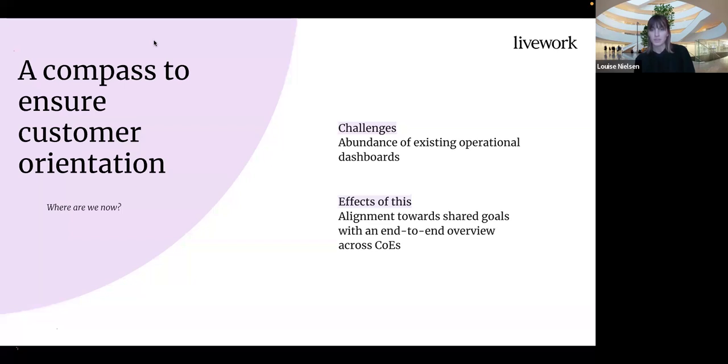I'd like to start out by saying a bit about where we are now. As Christina briefly mentioned, we are on a growth journey. This year, more than 10,000 people have joined the company, and we're growing by more than 50% in the number of employees. That puts a lot of extra work on the shoulders of the hiring managers, and a lot of effort goes into how we can support them and make it a good experience for managers and for candidates applying for a job.